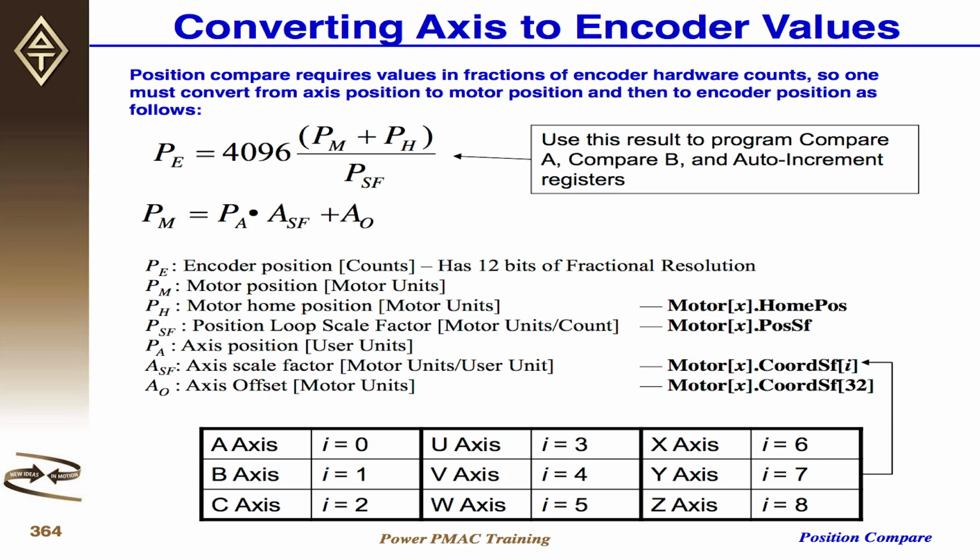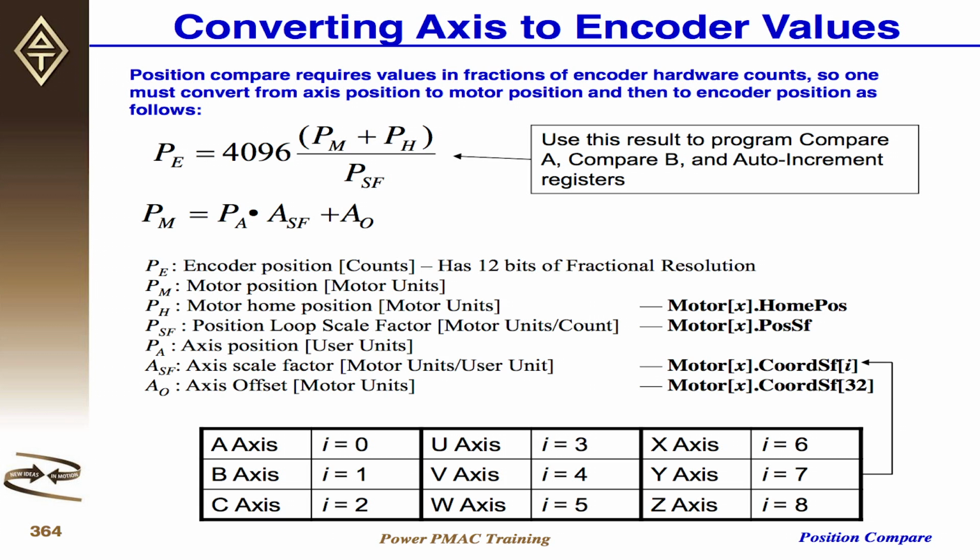So if you put 32 in there, rather than getting the scale factor of any given axis, that will just gather the total offset. Because again, remember, your axis definition might be motor 1 corresponds to 1500x plus 5000. Coord scale factor 32 is going to be that 5000.